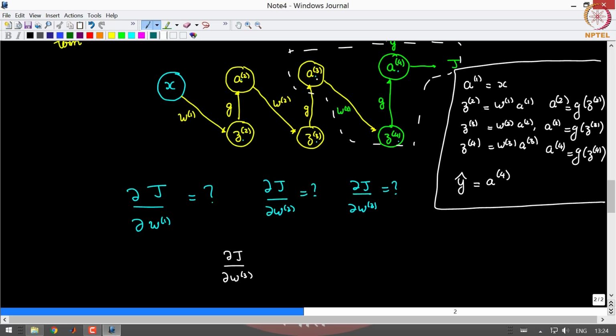You had an input, summation, nonlinearity, you immediately got the output, and that is what we had in logistic regression. So, for the sake of this example, I will assume that J is the binary entropy cost function, y ln y hat plus, because we have already done some calculations for this. Okay. So, let us assume that this is the binary entropy cost function and that G is the sigmoid.